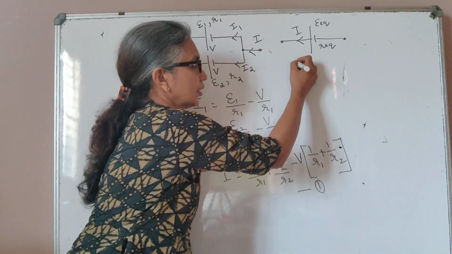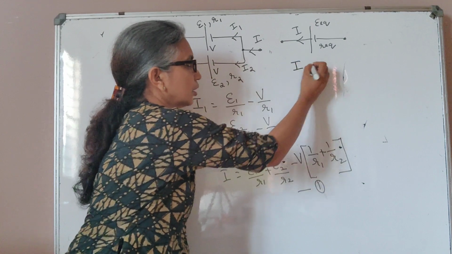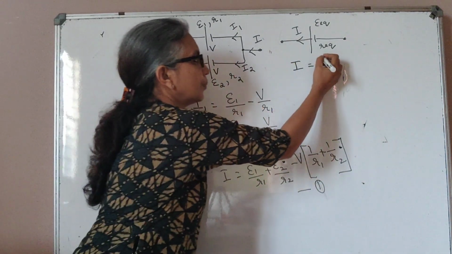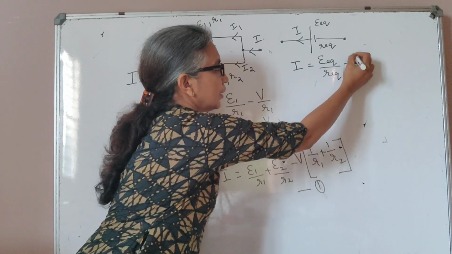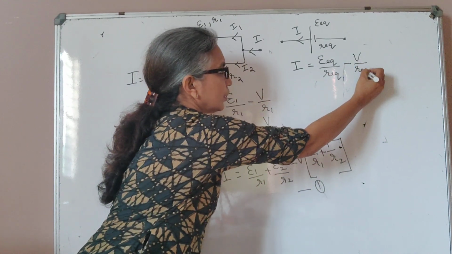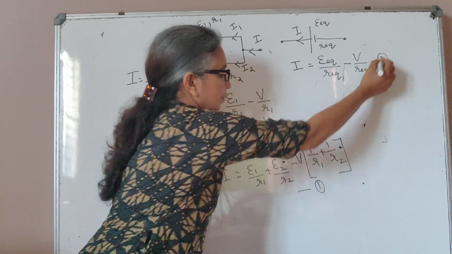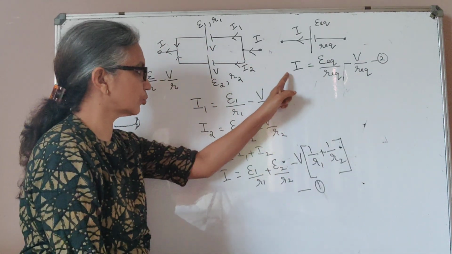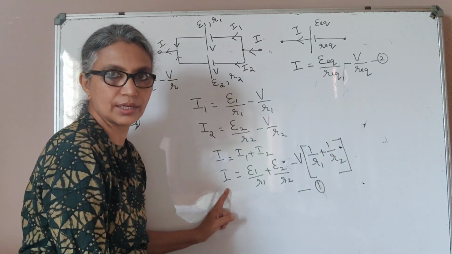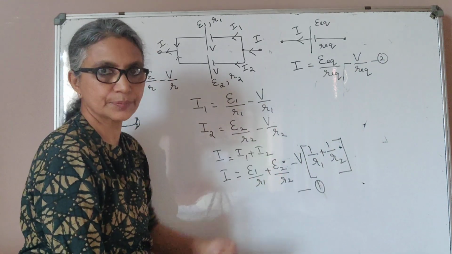For this I will write the expression for current using this equation as E equivalent by R equivalent minus V by R equivalent, which I will term as my equation 2. So you will see for equation 1 and 2, the left hand side is the total current I. So the right hand sides must be equal.